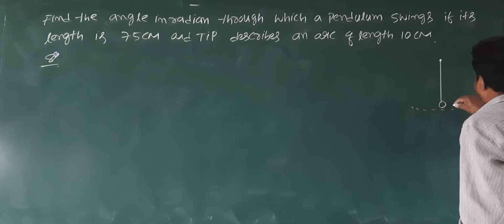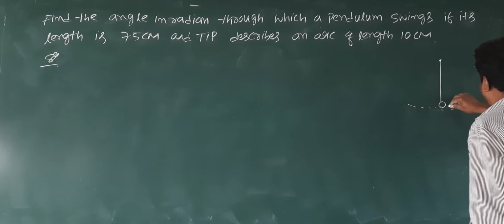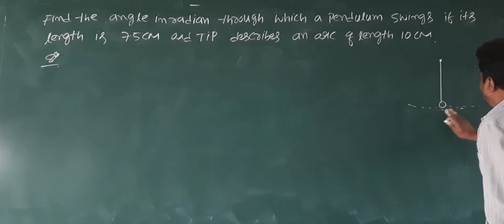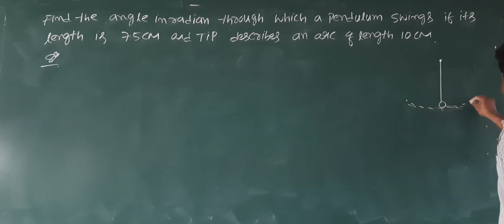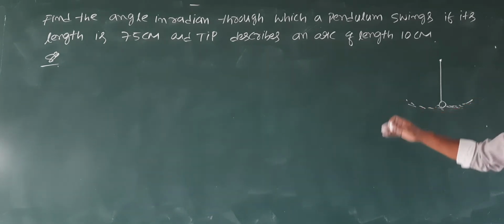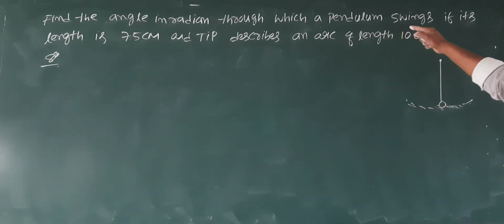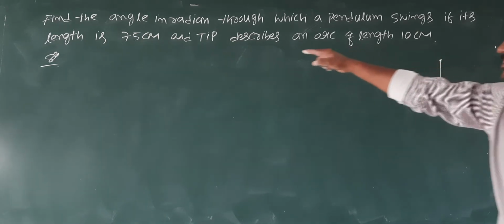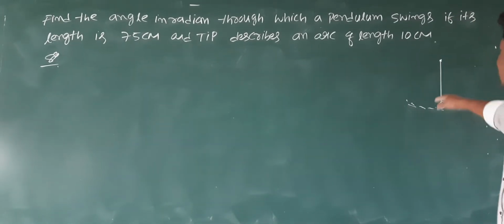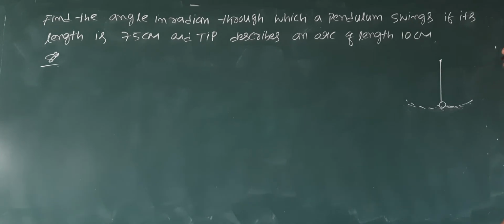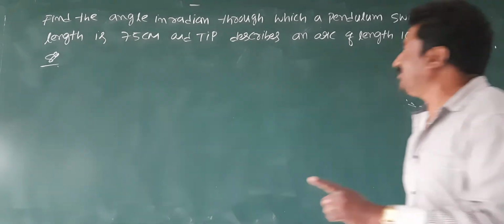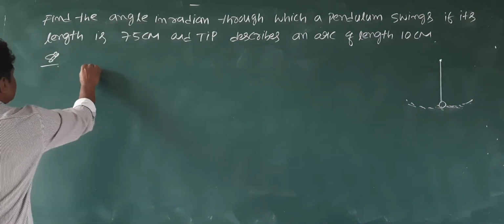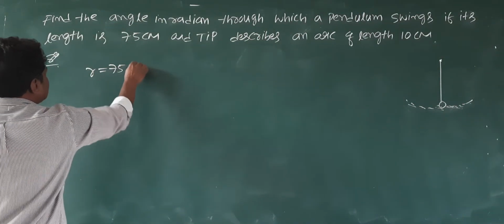It swings like this, a to and fro motion. If its length is 75 centimeter, the length of the pendulum means radius is given. R equals 75 centimeter.